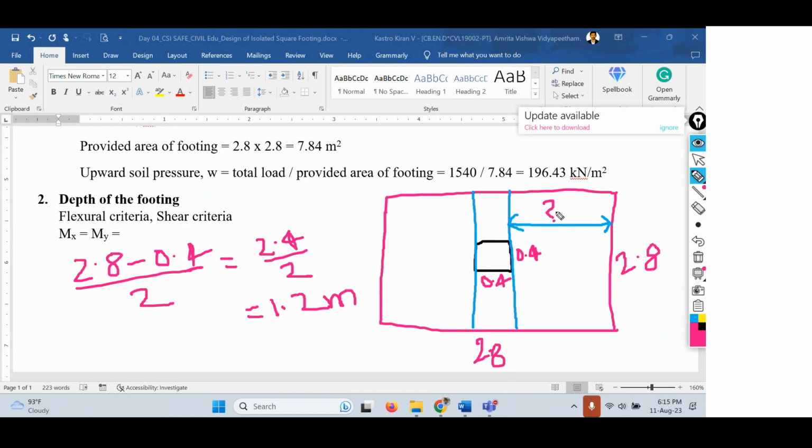So the maximum moment will be acting at a distance of 1.2 meters.